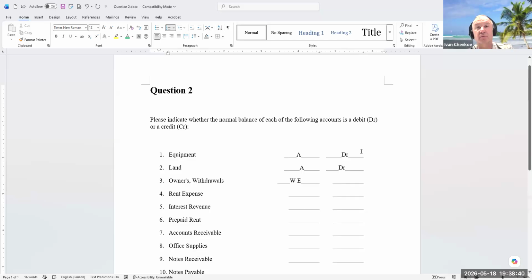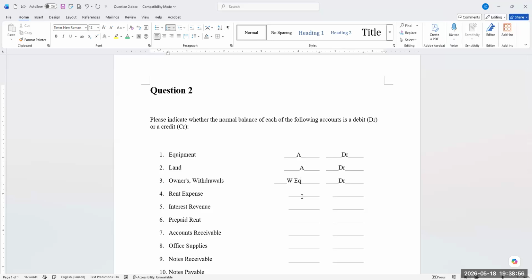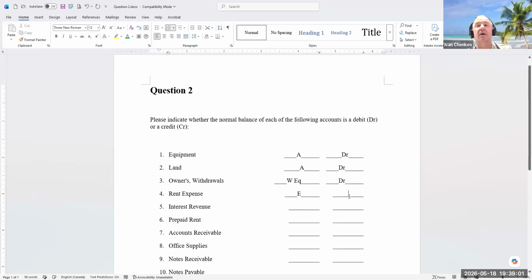And since the withdrawal reduces the owner's capital, the balance will be debit. Expenses: debit. Debit because it's an expense account reducing owner's equity, so the normal balance is debit.